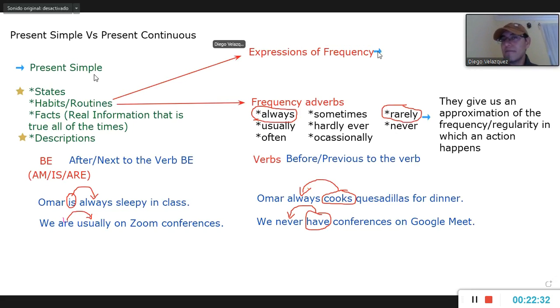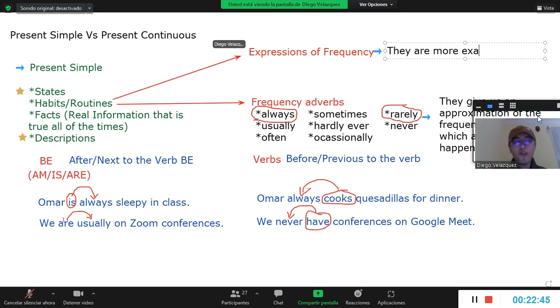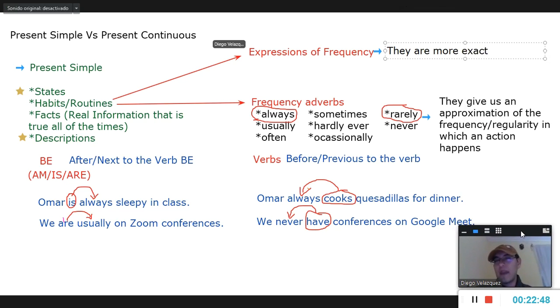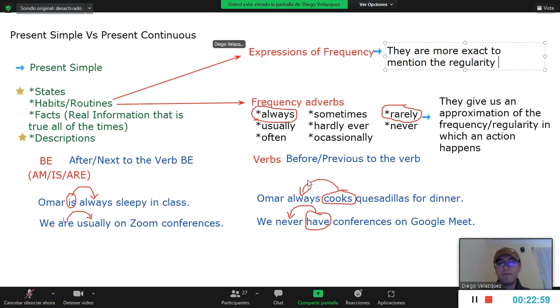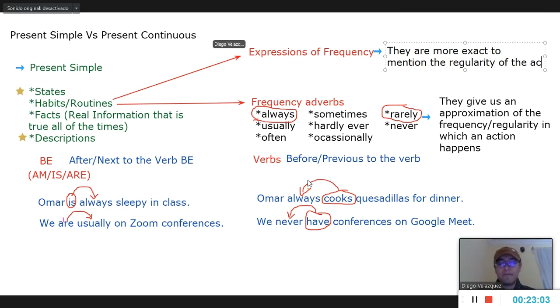They are more or less similar to the adverbs of frequency, with the difference that these expressions are not only for me to say approximations, they are more exact to mention the frequency or the regularity of whichever action happens.